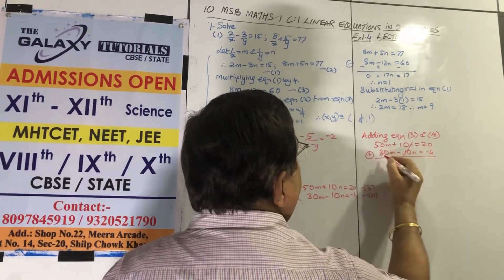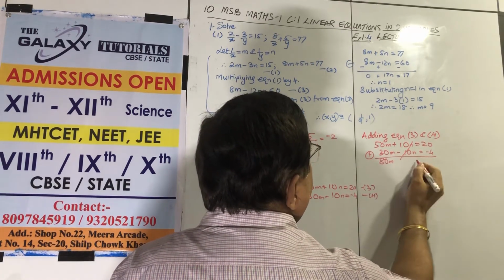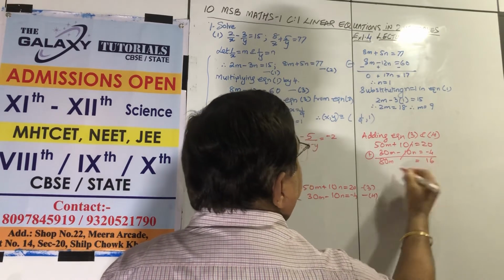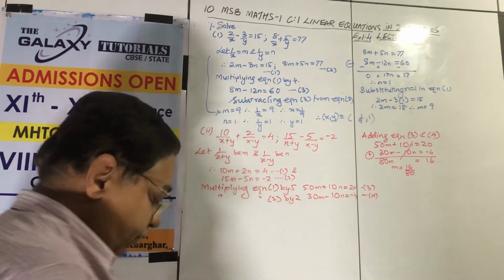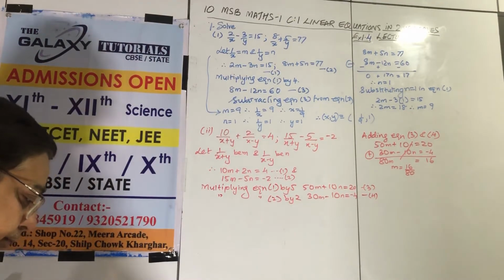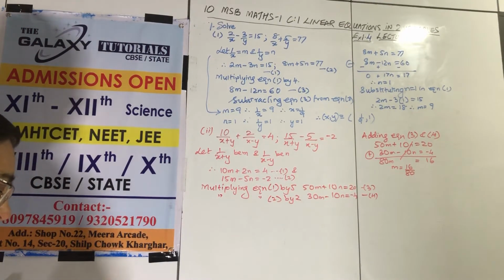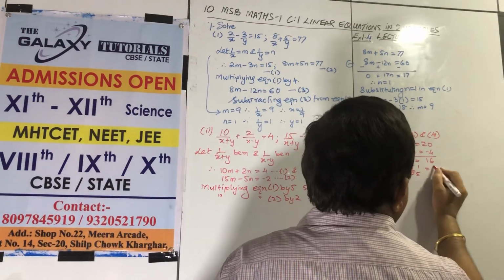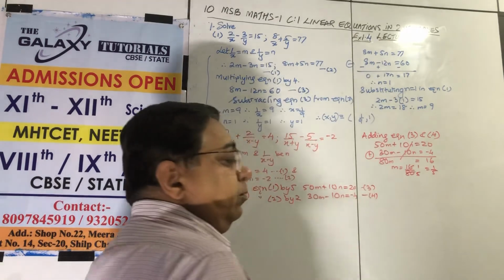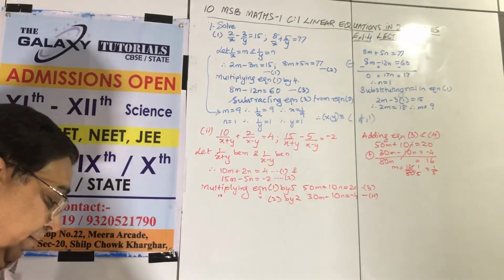Cancel, I am adding. 80m is equal to 16. m is 16 upon 80. Okay, my friends. Now 16 ones are 16, 16 fives are 80. That is 1 upon 5. That is how I got my m.